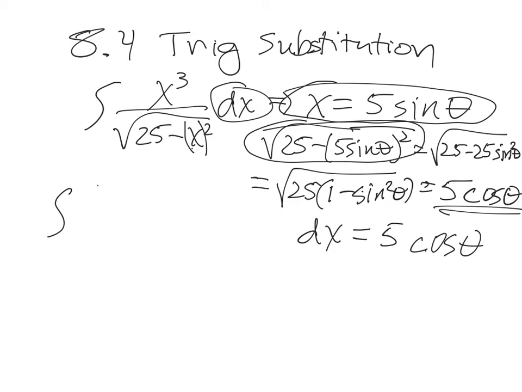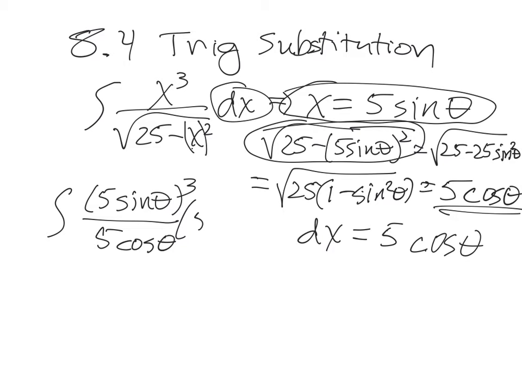Substitute all that in. The square root was 5 cosine theta, and dx was 5 cosine theta. It's technically d theta, get that on there.